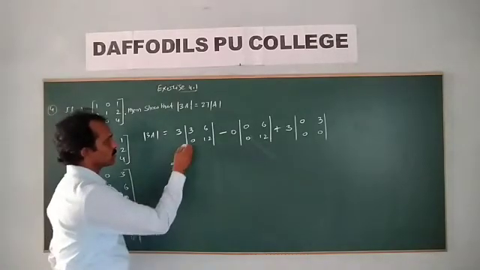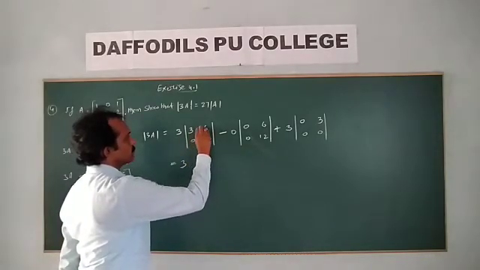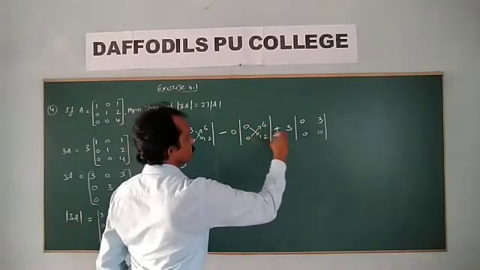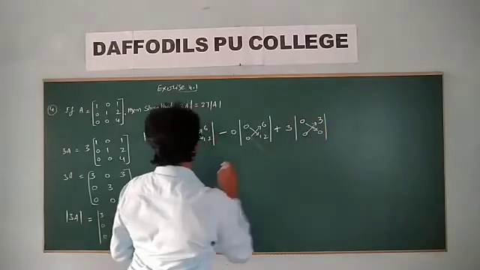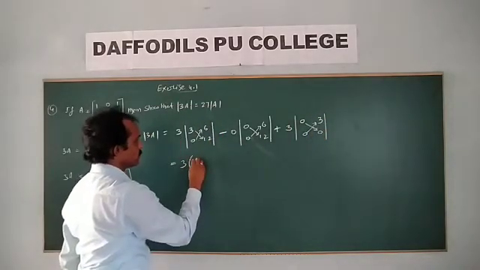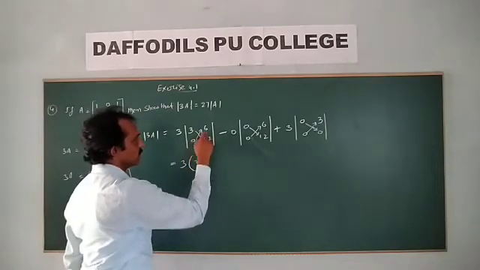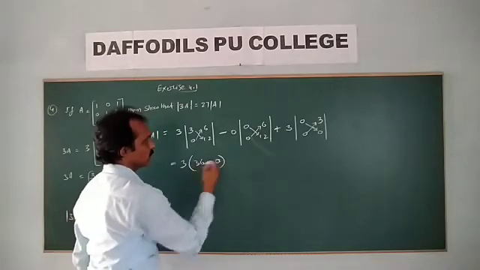Now calculate. For the first, 3 into 12 is 36, and 0 into 6 is 0.